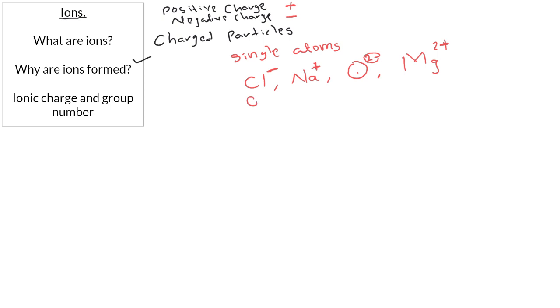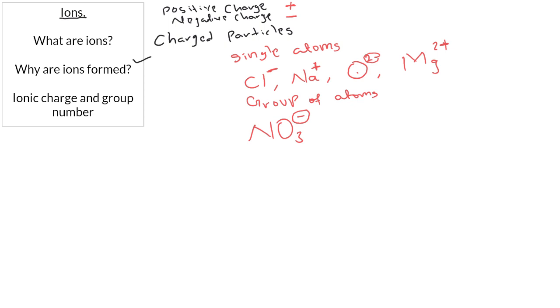And it could also be a group of atoms. When I say group of atoms, we're talking about something like NO3 minus. The negative charge you are seeing here is not just for nitrogen, it's for both of them.